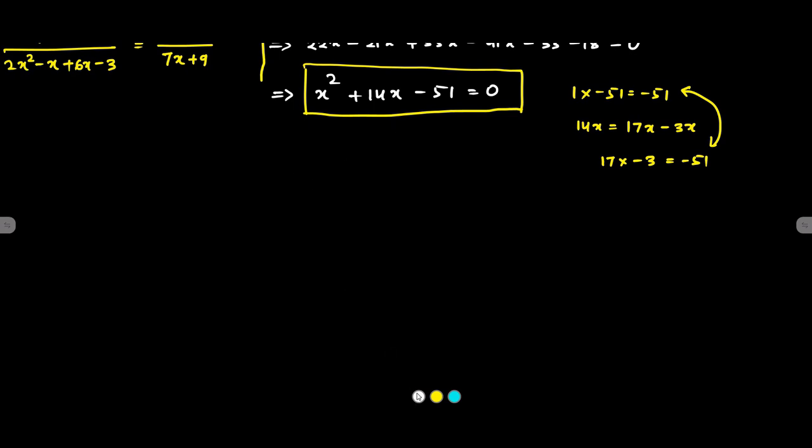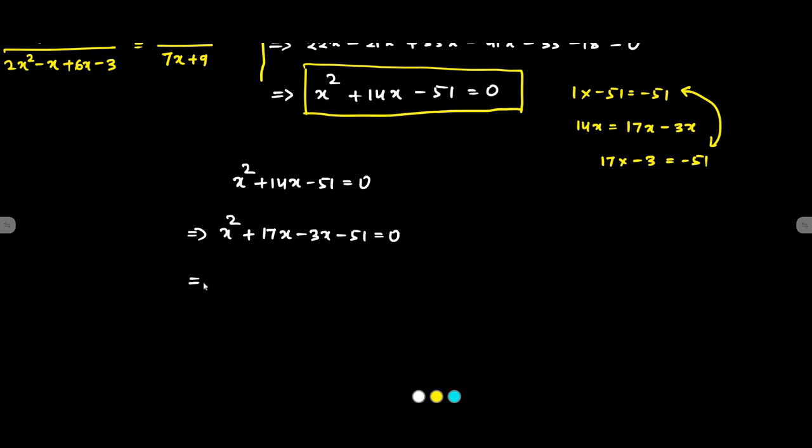So x square plus 14x minus 51 is equal to 0 implies x square plus 17x minus 3x minus 51 is equal to 0.